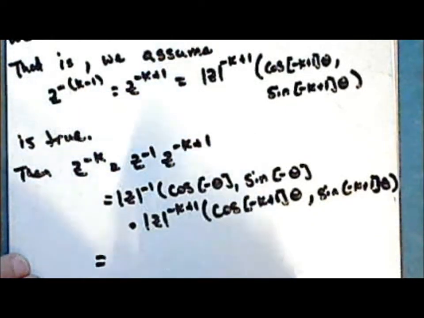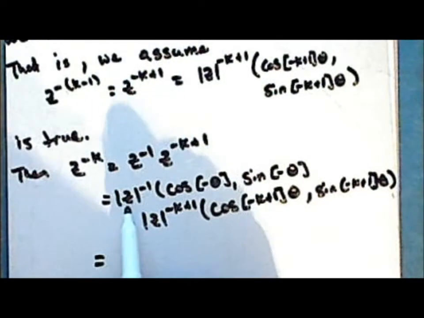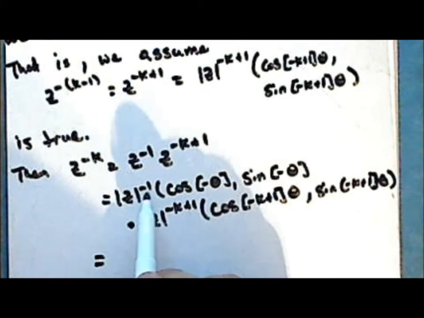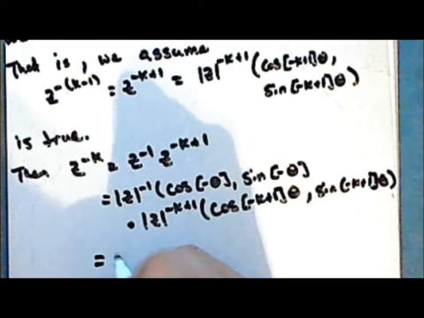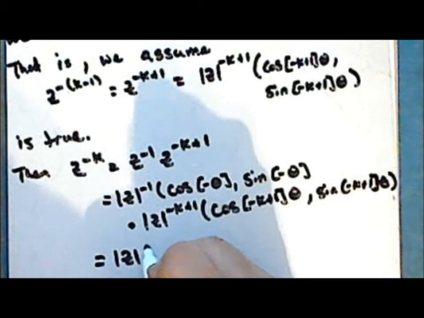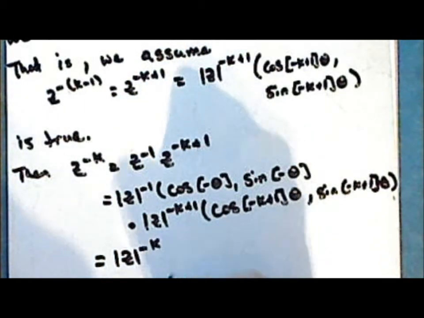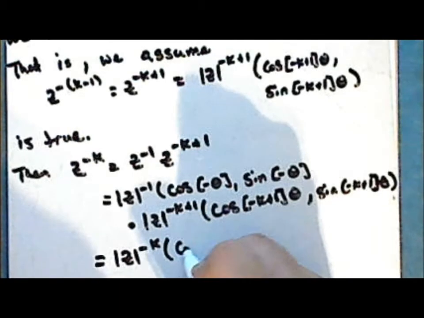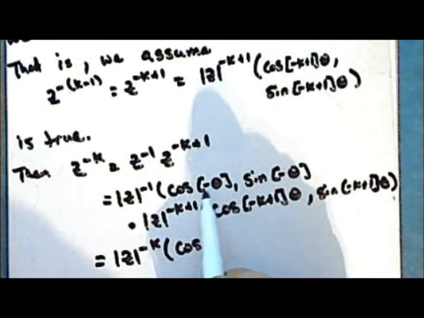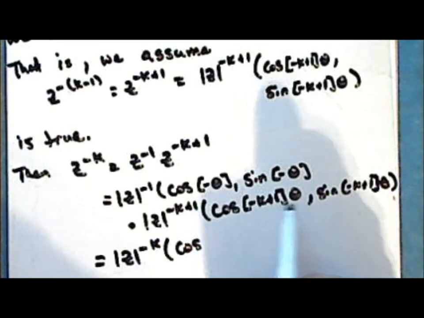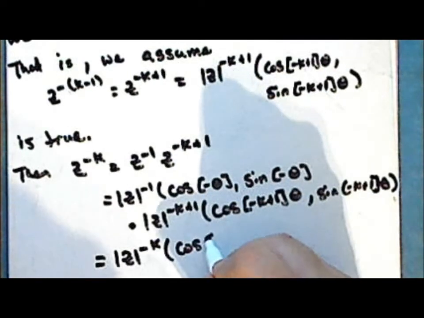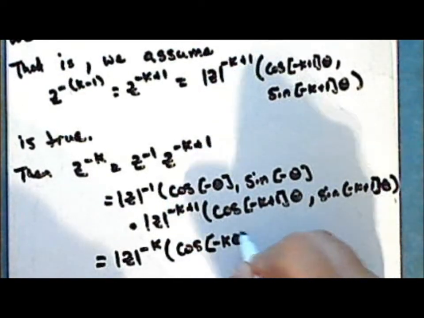Which when we perform the multiplication, we have the modulus of z to the power of minus 1 plus minus k plus 1, which gives us the modulus of z to the power of minus k, times the ordered pair, the cosine of minus theta plus minus k plus 1 times theta, which gives us minus k times theta.